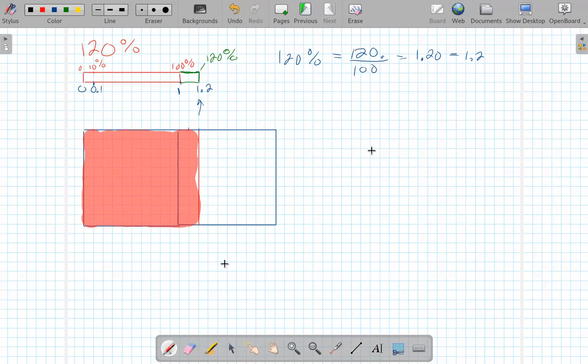So here is my 120% using the area model.